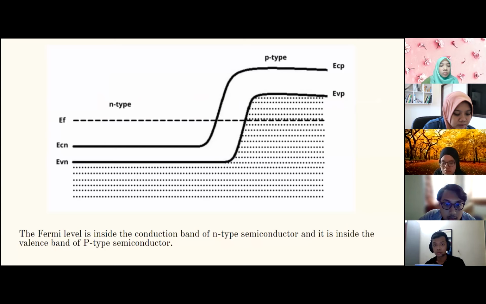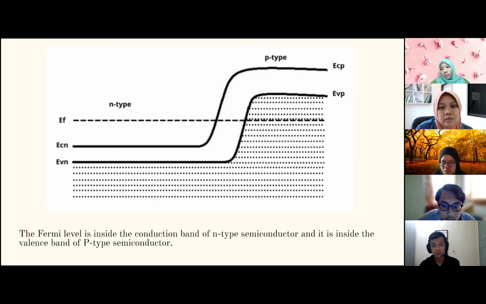As a result, as we can see here in this band diagram of zero bias, the Fermi level is inside the conduction band of the N-type semiconductor and inside the valence band of the P-type semiconductor.